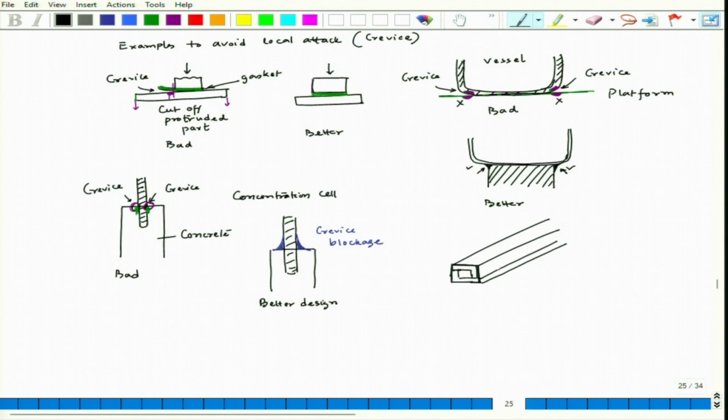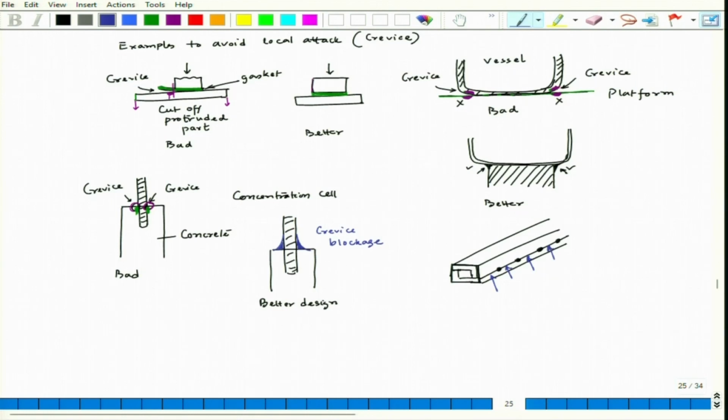Now, if we do spot welding here, these are the spot welding points. Whatever matching surface you create, there will be crevice segments here. So, this particular segment, there will be a small gap and that gap can lead to crevice.